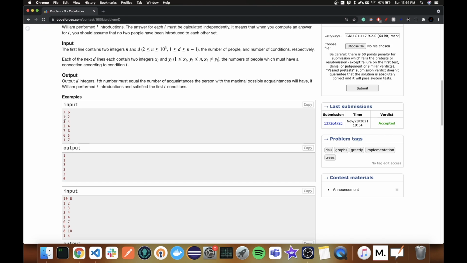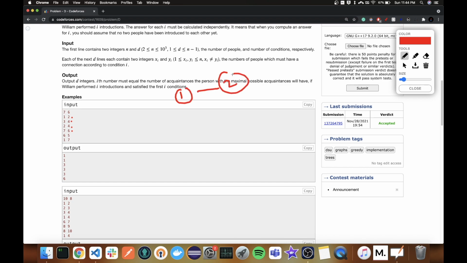The premise is like this: the first i conditions need to be met. So let's say for the fourth output, this and this condition need to be met. And what is the condition? The condition is that 1 is connected to 2, not necessarily directly, it can also be like this.